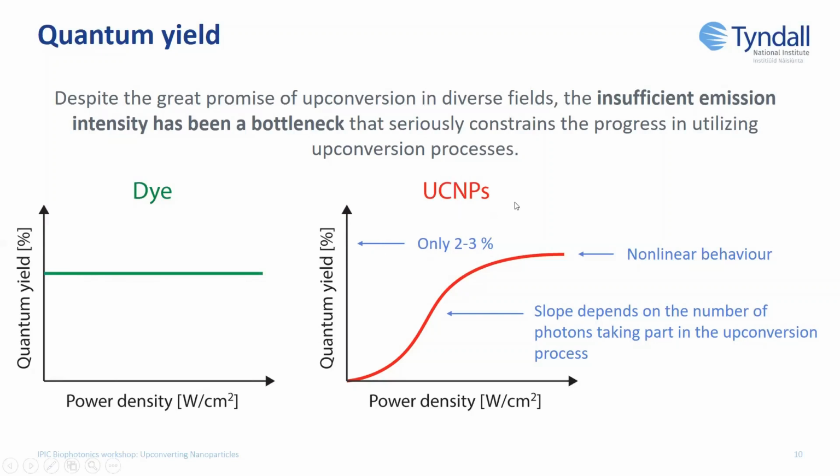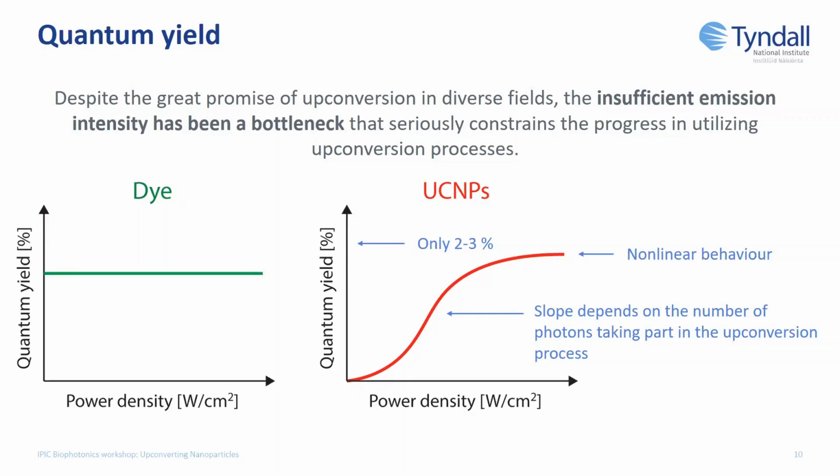While in the case of upconverting nanoparticles, which you can see on the right-hand side, it's not only very low, it's typically below 5%, of the order of maybe 2 to 3%. It's also nonlinear, because our process is built on multiple photons that have to be absorbed before we can get our emission to work. The quantum yield curve is also nonlinear.